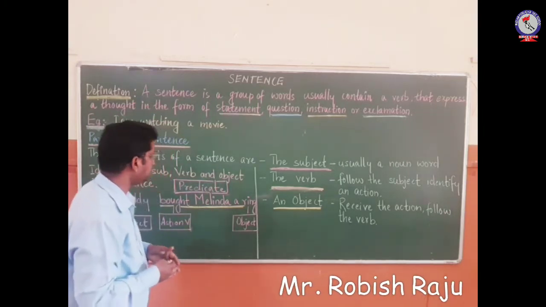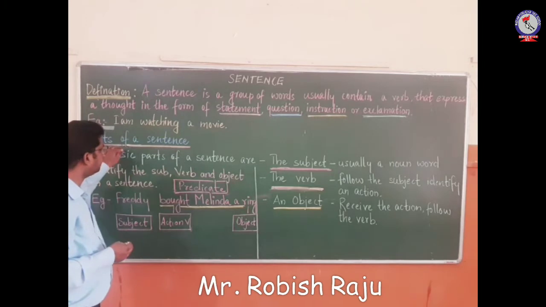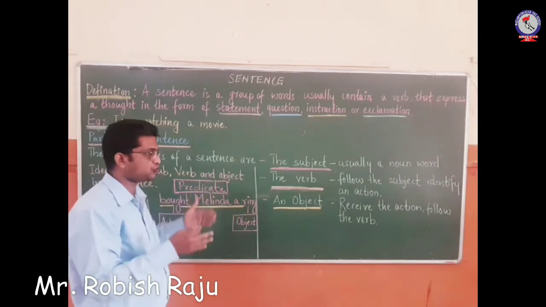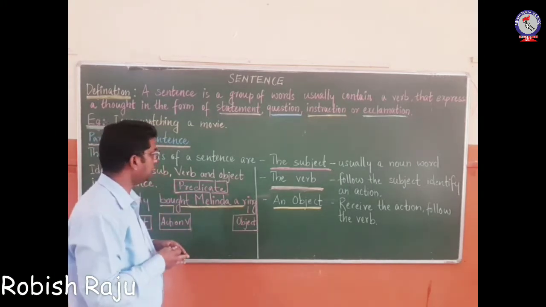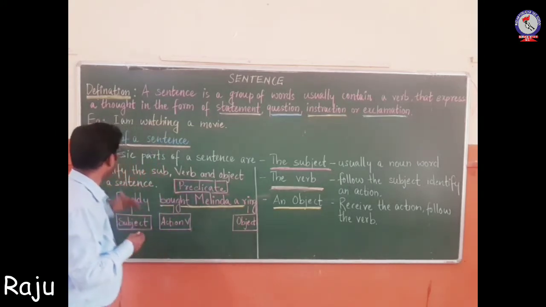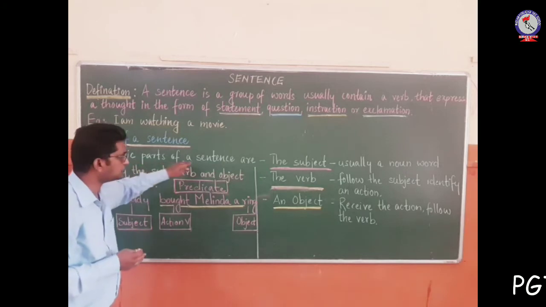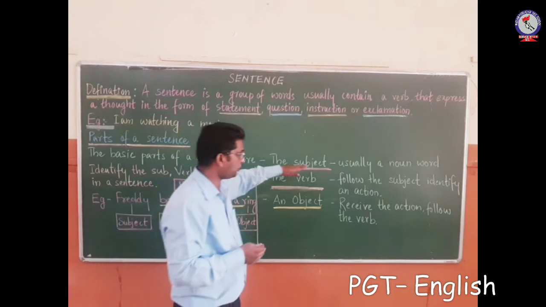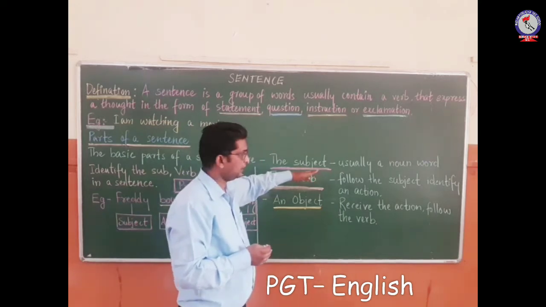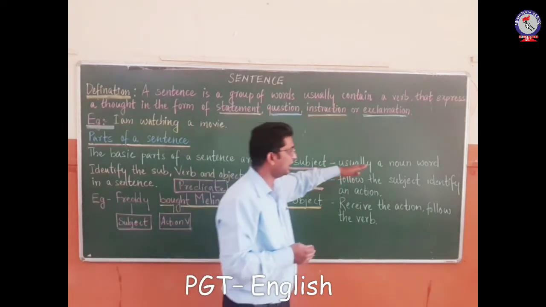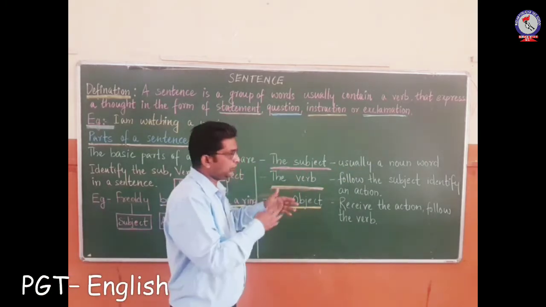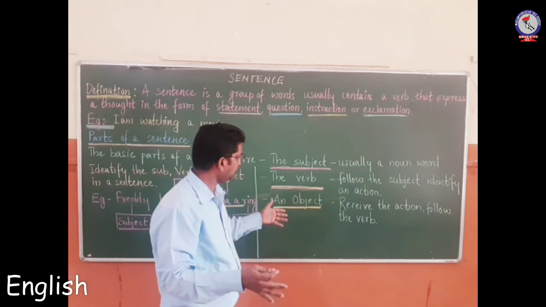Now let us see the parts of a sentence. The basic parts of a sentence are the subject, that is usually a noun word, that means it would be the name of a person, place or thing.